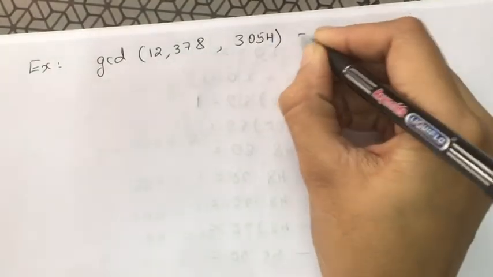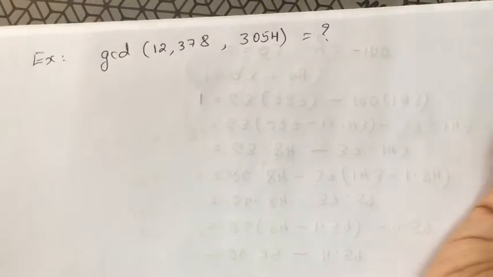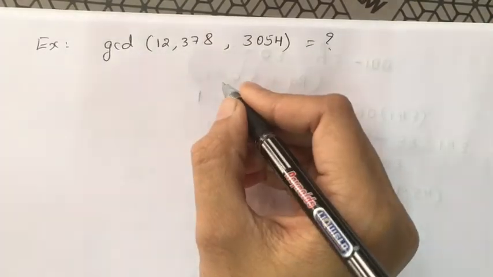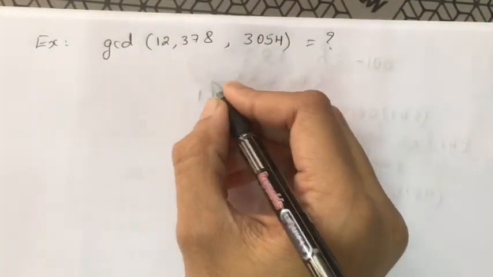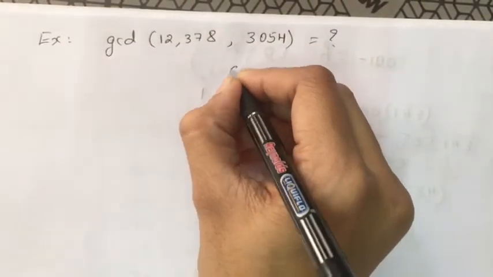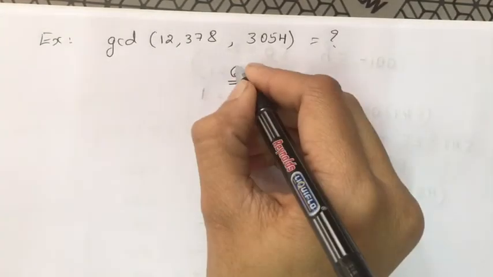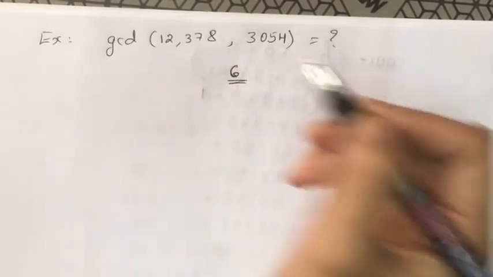What is the GCD of this? You try by yourself. I'll just tell you the GCD, and the GCD I'm getting is 6. The last non-zero remainder will be the GCD.